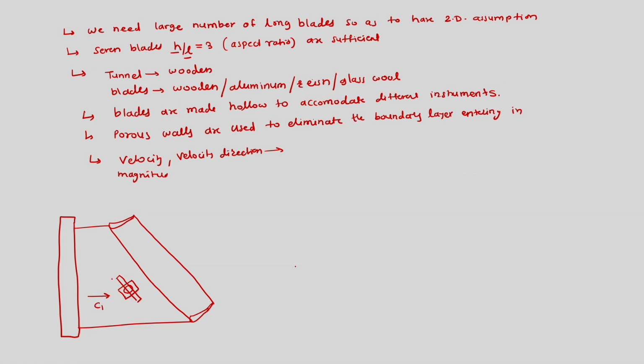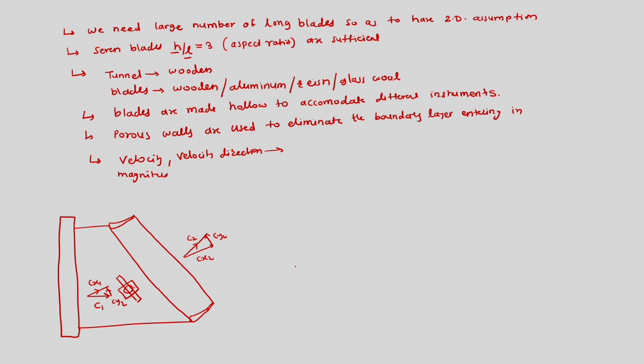This is the flow velocity, which is C1, and this is the axial velocity for the cascade, Cx1. And then after the cascade also, flow would come out as Cx2, and then there would be some velocity Cy2, and then this is the absolute velocity C2.